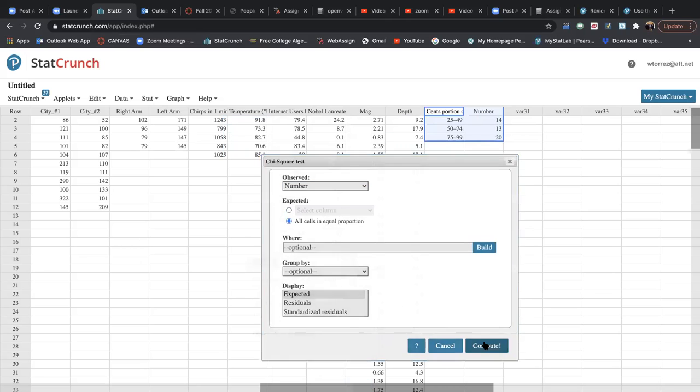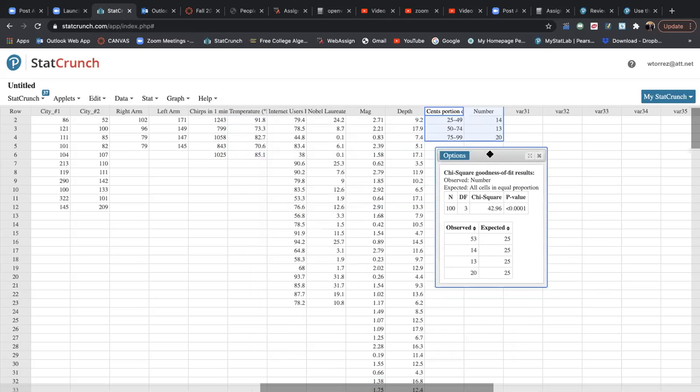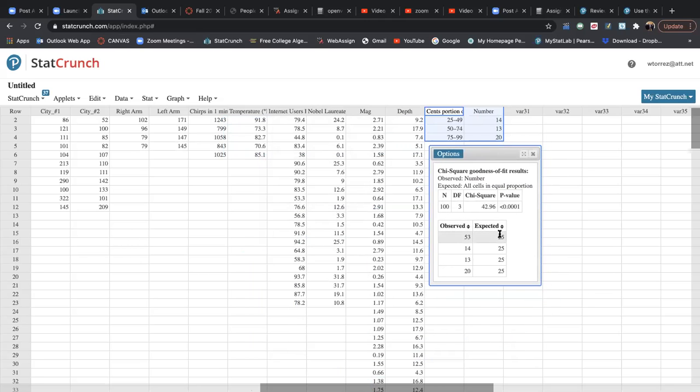Okay, so let's compute our test statistic for the goodness of fit. And in this particular problem, our chi-square statistic is 42.96, a pretty large chi-square value, indicating that it's probably not a good fit.